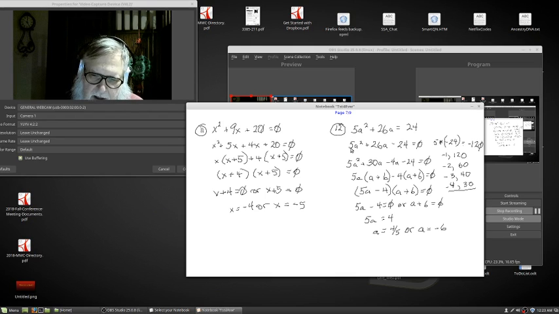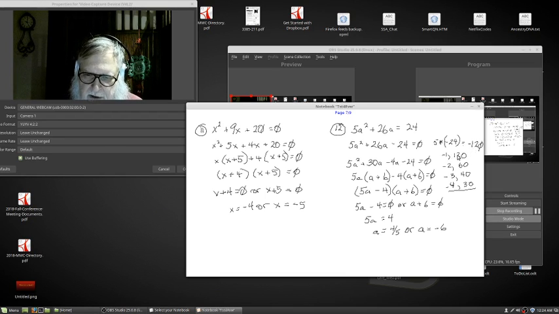We have an odd and two evens, so there's not going to be a factor to pull out of all three terms. So we look at 5 times negative 24 and get negative 120. So we want factors of negative 120 that add up to positive 26.